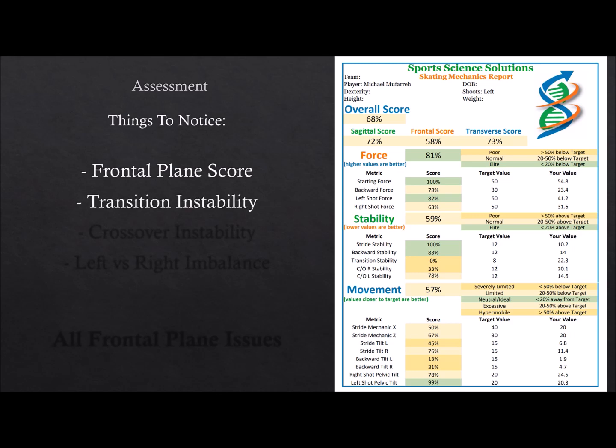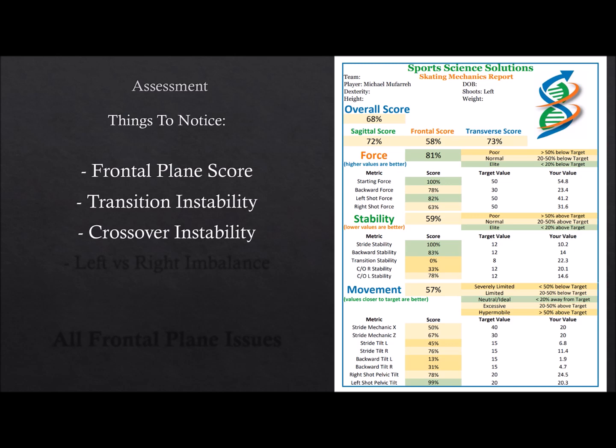If you drop down under the stability section, we're going to see that Michael's transition stability was scored out as a 0. He had 22.3 degrees of anterior and posterior pelvic tilt while he was transitioning from forward to backwards, which shows a huge dysfunction and imbalance in his frontal plane. Further, when we look down, his crossover instabilities were not very good.